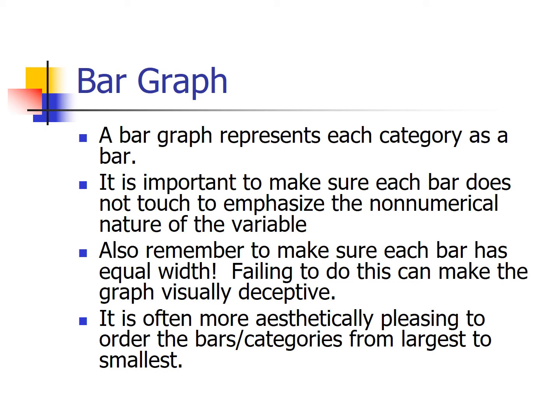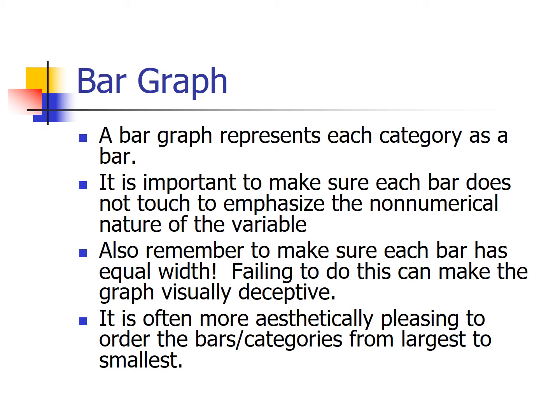It's also extremely important to make sure that each bar has equal width. Failing to do this can make the graph visually deceptive. As we see when we look at a bar graph, we're really using the heights of the bars to tell us which category is more represented than another.